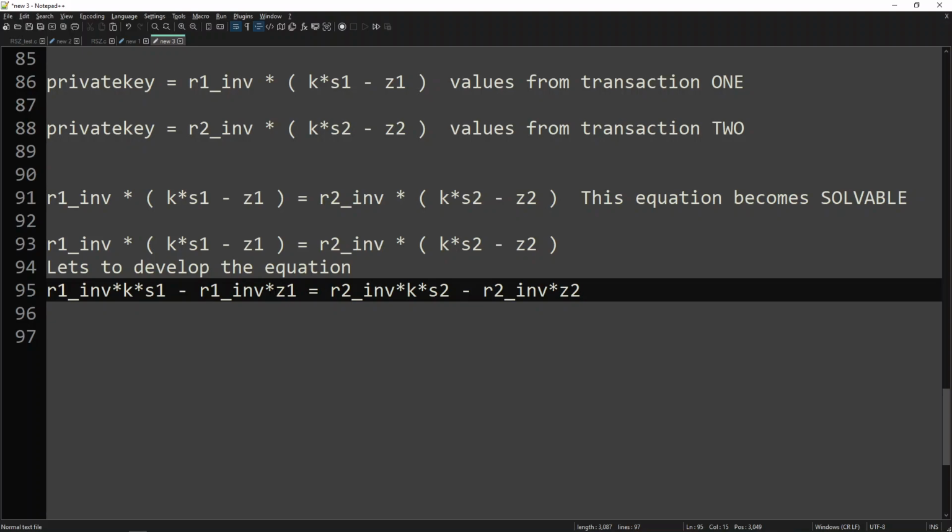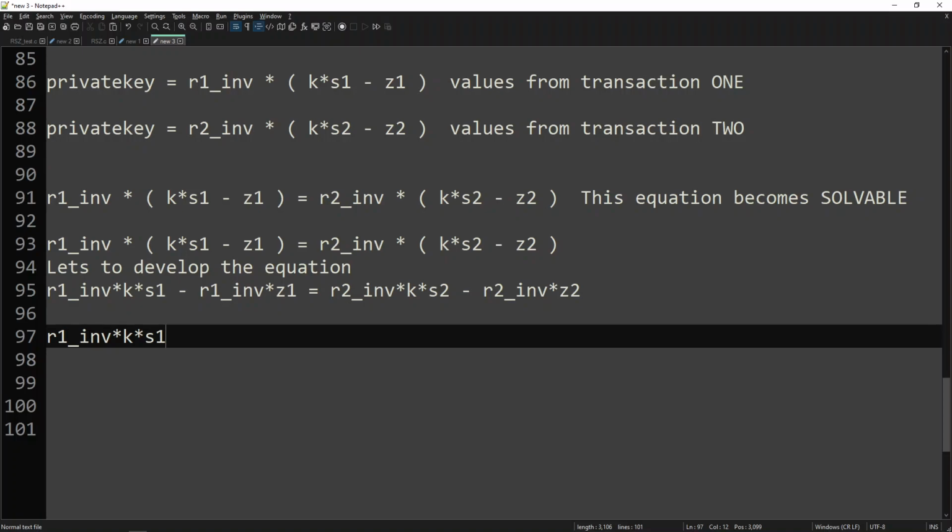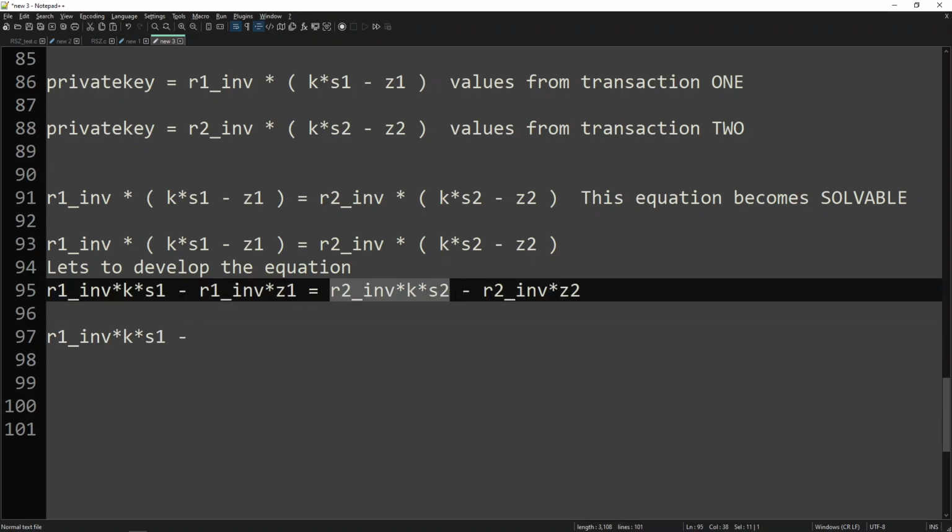Okay, let's move the k values to this side of the equation and this value without k to the other side. So this value stays, and minus this value.